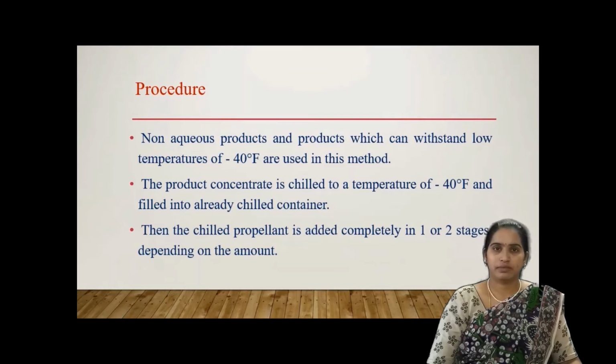So the materials which can withstand these low temperatures of about -40°F can be used for manufacture by this method. The product concentrate is chilled to a temperature of -40°F and filled into already chilled containers. Then the chilled propellant is added completely in one or two stages depending on the amount.